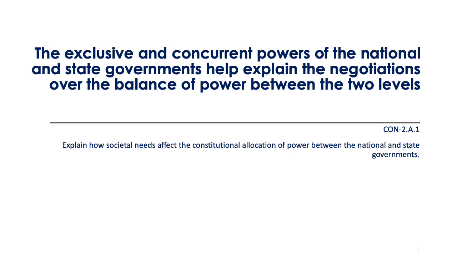So we're going to start off with looking at the exclusive and concurrent powers of the national and state governments to help explain the negotiations over the balance of power between the two levels. So we're going to look at enumerated powers, reserved powers, and concurrent powers.